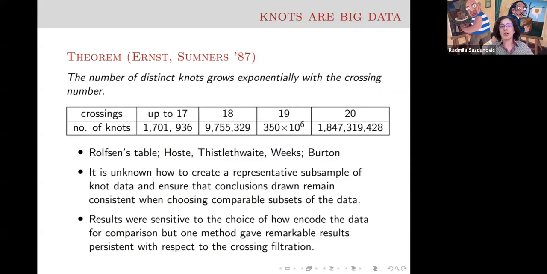And then Hoste, Thistlethwaite and Weeks had the first 1.7 million knots up to 17 crossings. And for everything that's higher, crossing numbers 18, 19, and 20, there are databases online. So I'm just citing these as sources of different knots that we can use as a basis to produce these point clouds. Does that answer the question?